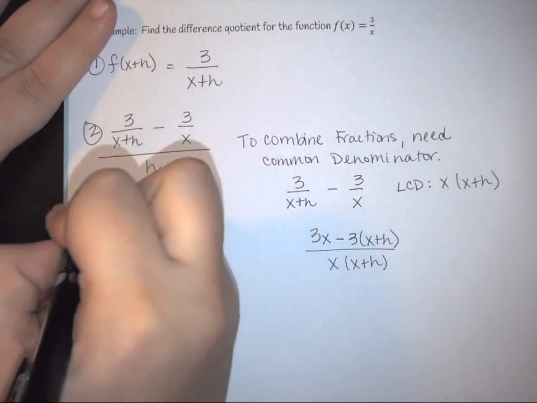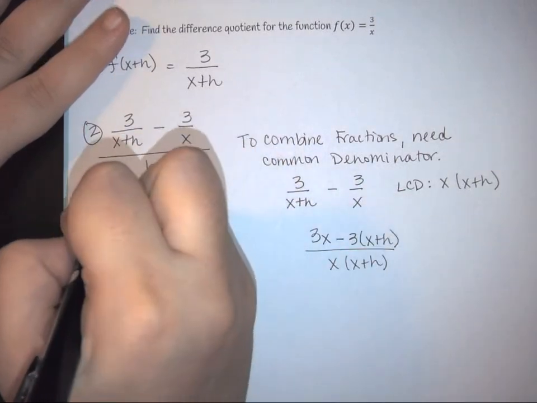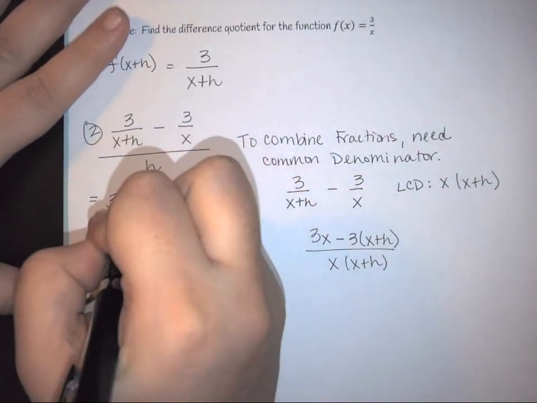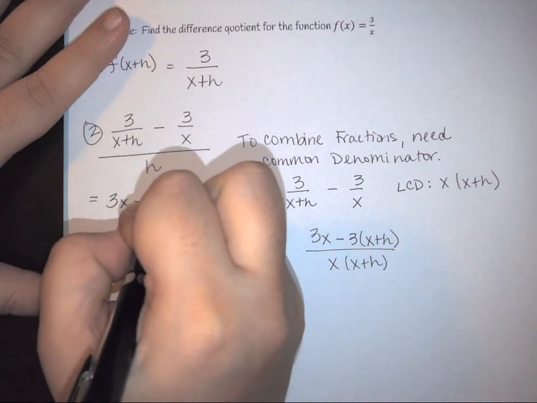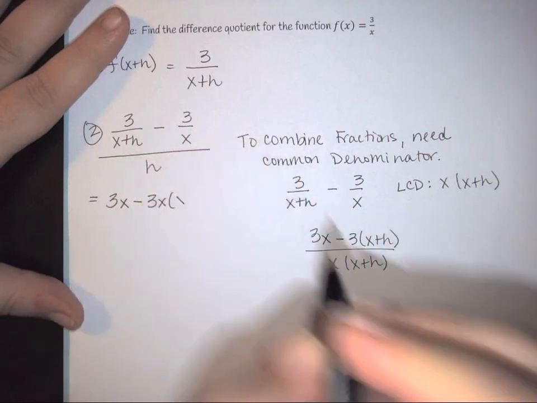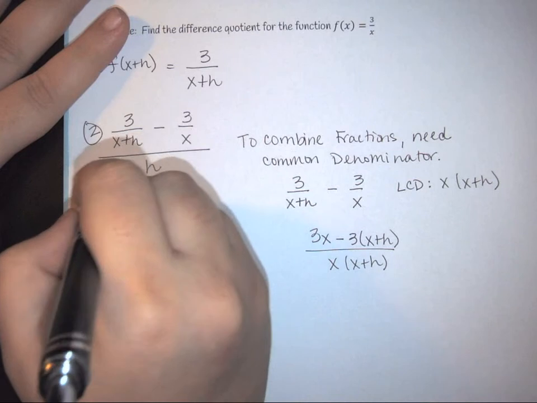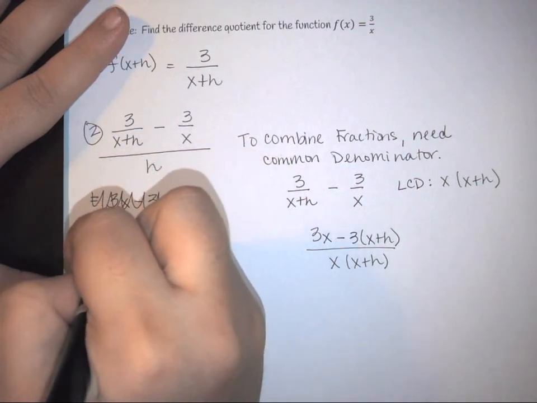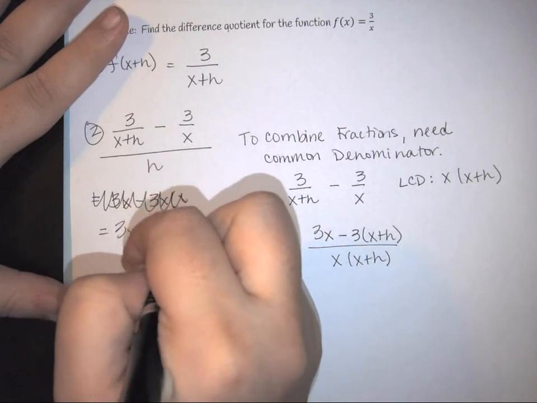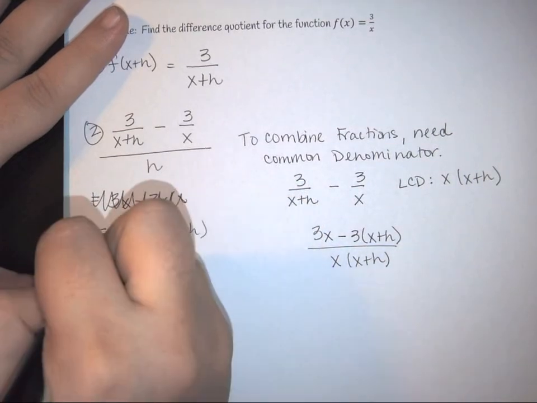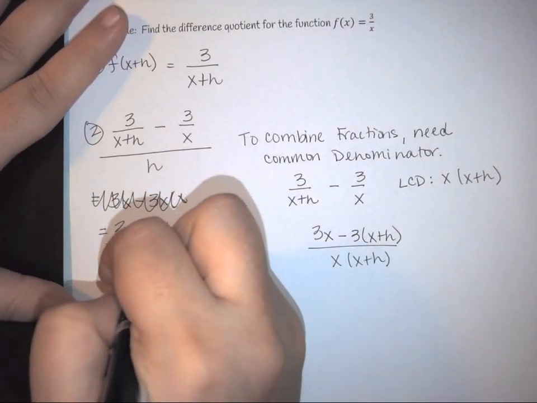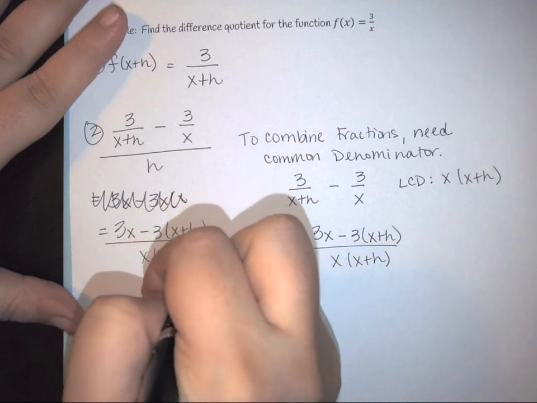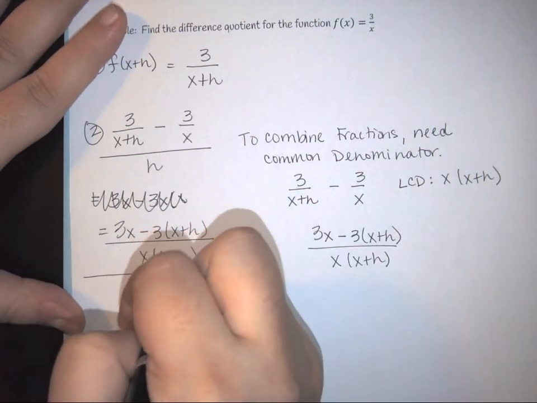So here I'm now going to have my 3x, hang on, let me write that again, sorry about that. This is going to be that 3x minus 3 times x plus h all over x times x plus h, and the whole thing is over my h term.